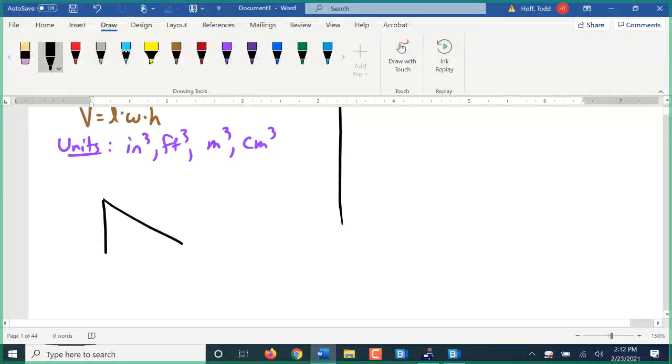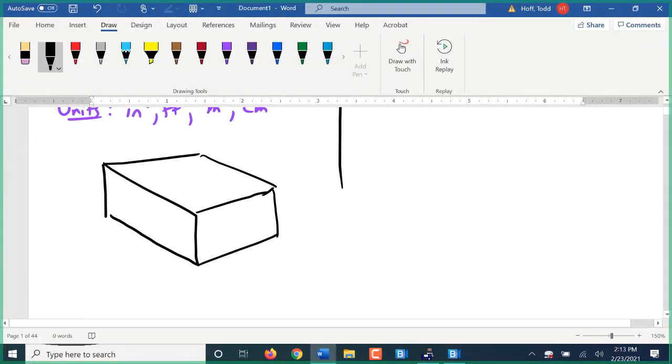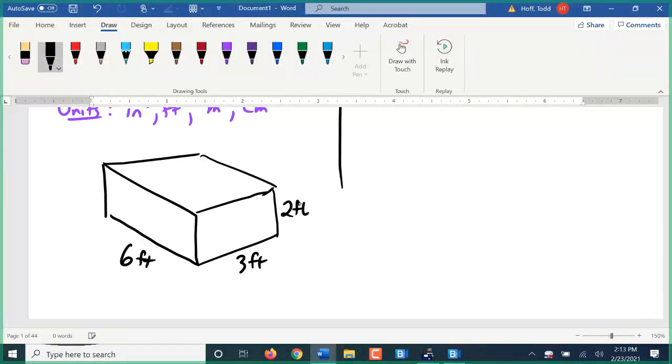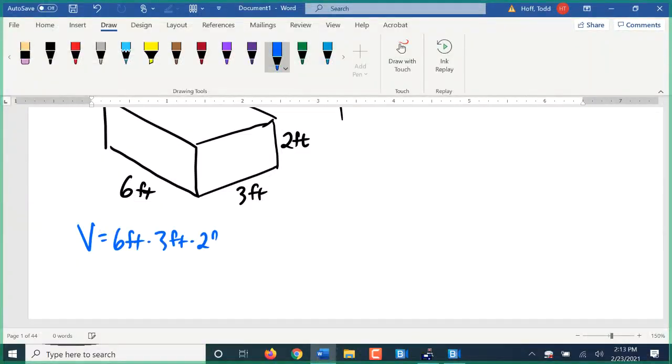If I have a box that is, well, let's go 6 feet by 3 feet by 2 feet. The volume is simply 6 feet times 3 feet times 2 feet.